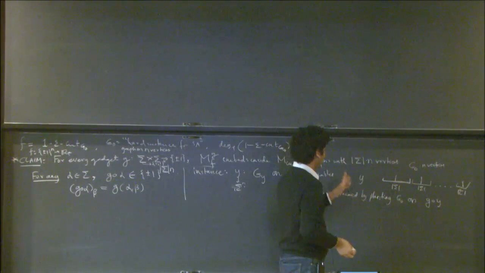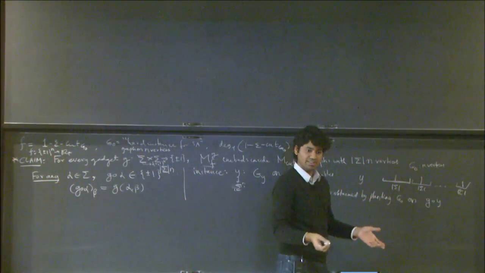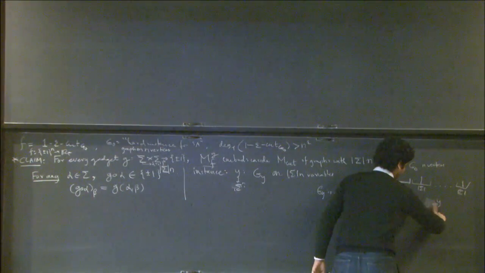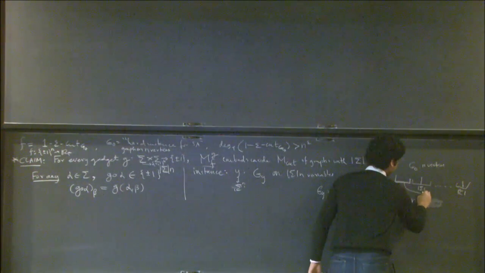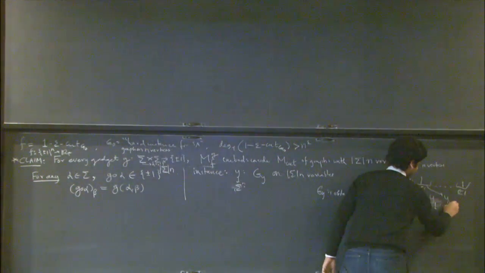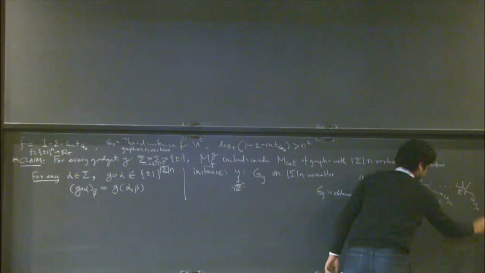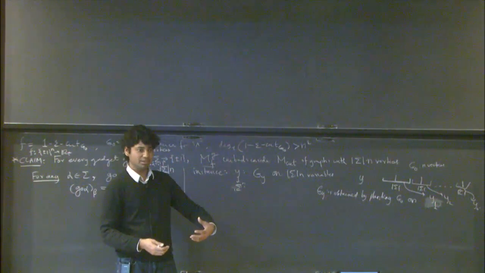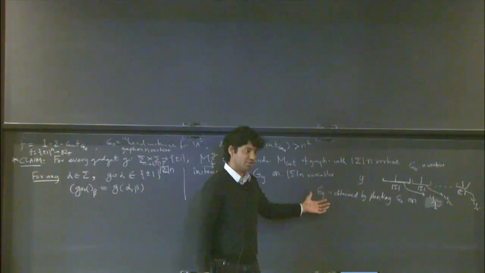Y is a b bit string, so it will just be the symbol y_i. So I would use y1 here, y2, and so on up to yn. This tells me what n variables to plant my instance G naught on.